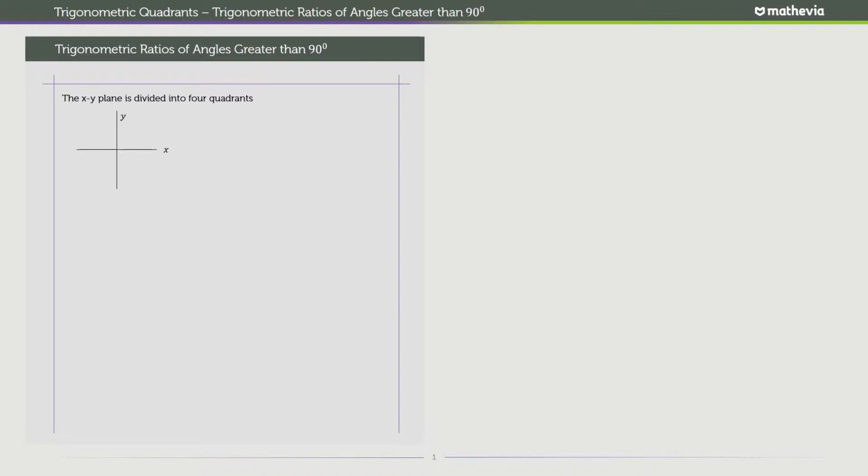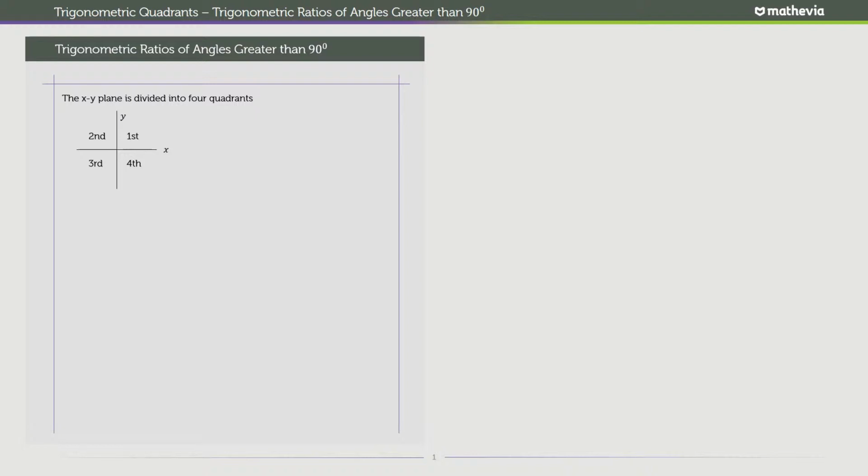Basically, if you look at it, the xy plane is divided into four quadrants. This here is the first quadrant, this here is the second quadrant, this here is the third quadrant, and this here is the fourth quadrant. Now you notice how I label them, starting from the x-axis going counterclockwise. If you don't know what counterclockwise is, you know how a clock moves. A clock moves from 12 to 3 to 6 to 9 and back to 12.